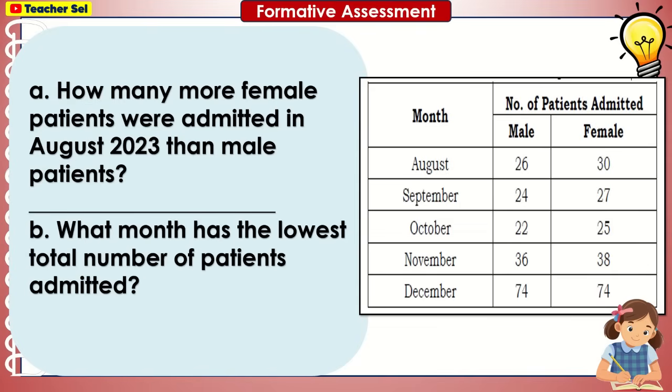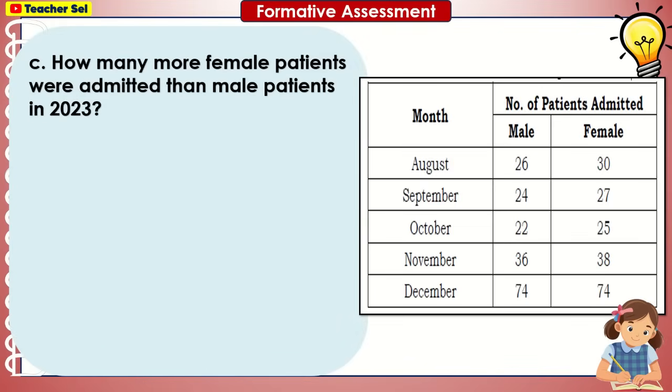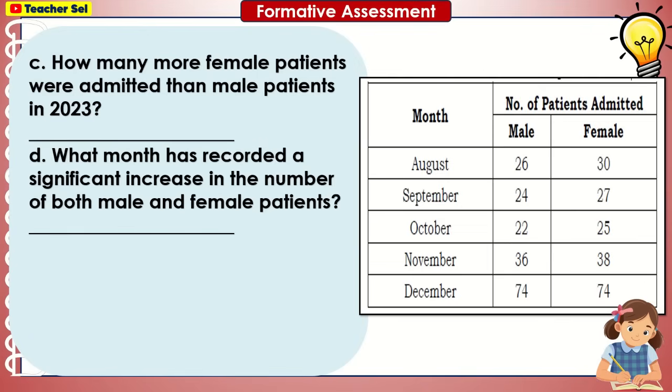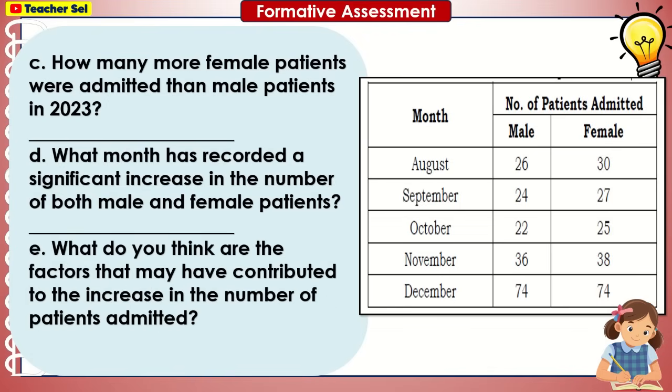What month has the lowest total number of patients admitted? How many more female patients were admitted than male patients in 2023? What month has recorded a significant increase in the number of both male and female patients? What do you think are the factors that may have contributed to the increase in the number of patients admitted?